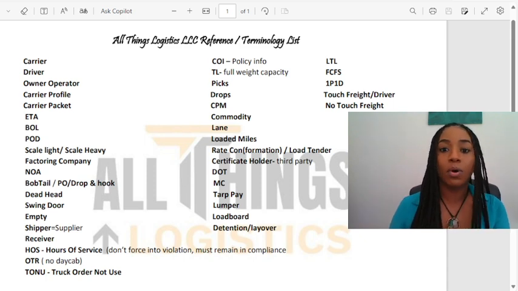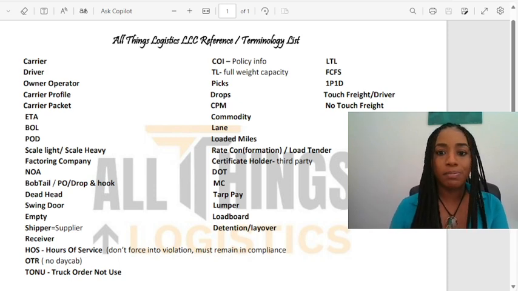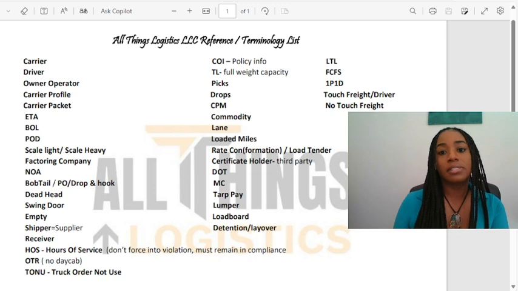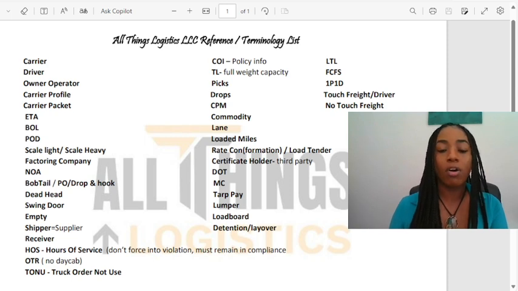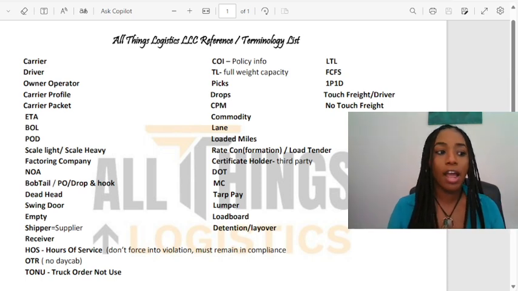Now, the reason these brokers will say let me know an hour before they go into detention, or let me know 30 minutes before, is because they have relationships with these shippers and receivers. So sometimes it's somebody they can call on the phone, and if you let them know early enough, they can prevent your carrier from going into detention. Because, hey, an hour ahead of time you called, and now they called the office and said, hey, I got someone picking up this load and they're about to go into detention.